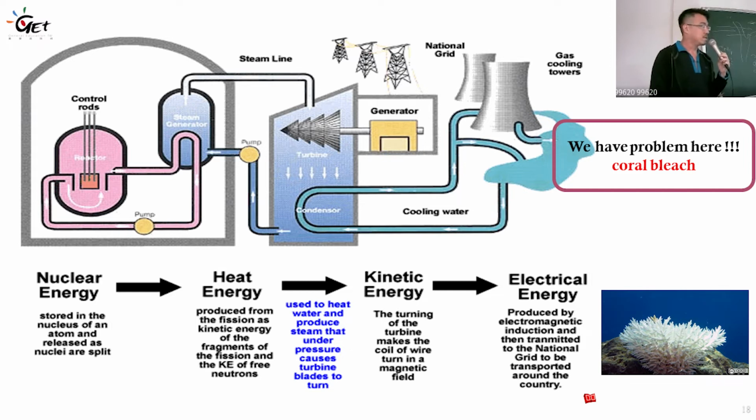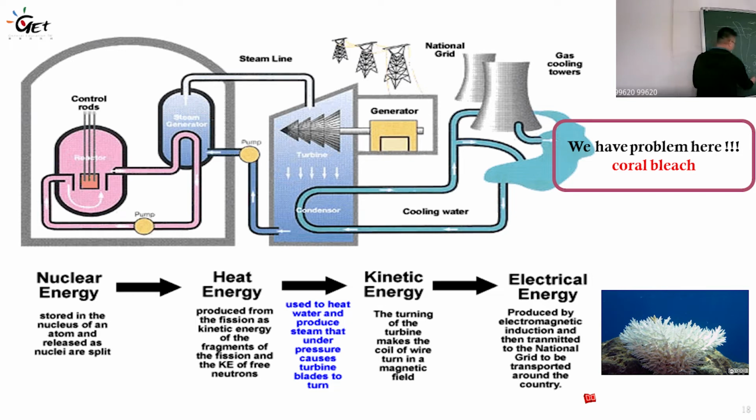31 degrees Celsius. Unfortunately, the perfect temperature for coral to survive is 27 to 28 degrees Celsius, the best condition. They can tolerate cold as low as 24 degrees Celsius.